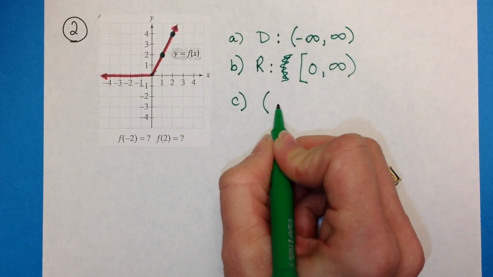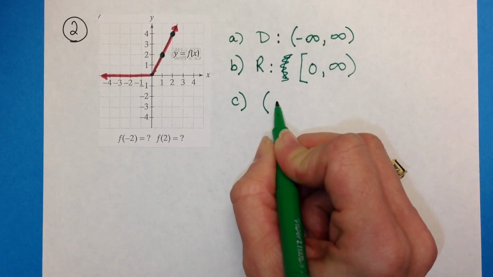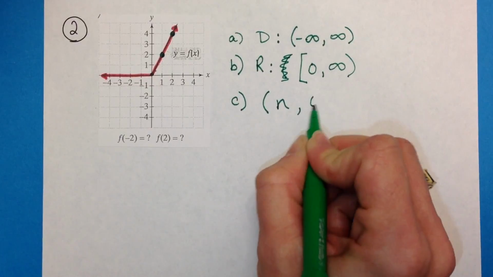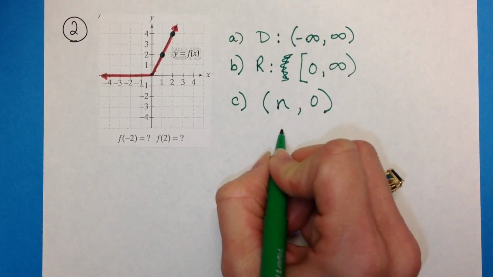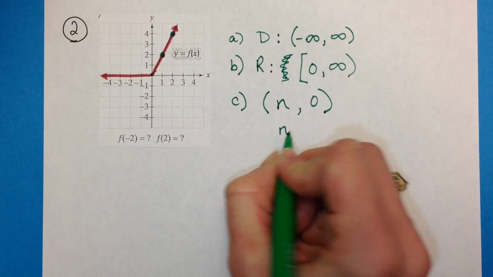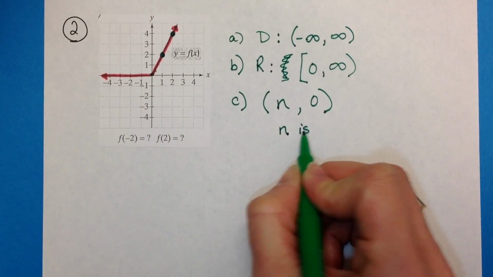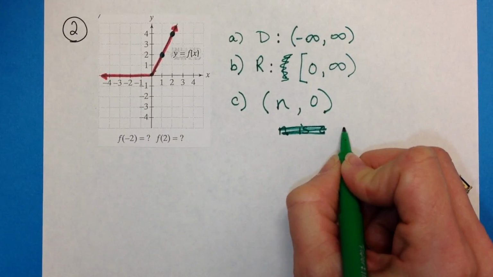you have the point, let's see, of course, if it's an x-intercept, let me just say n, 0, because if it's an x-intercept, y is going to be 0. But then we'd have to say what n is, and we can just write it as an inequality.